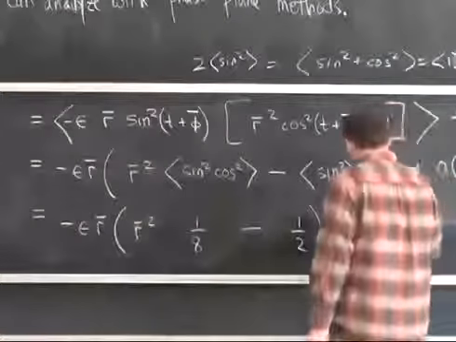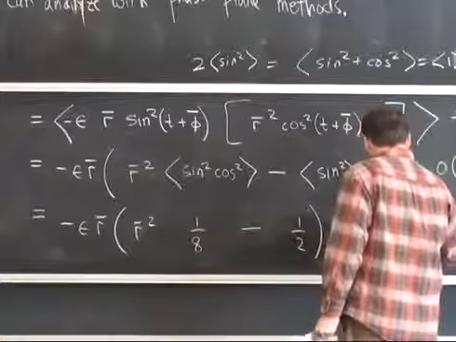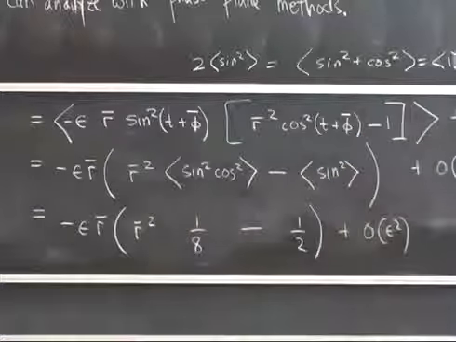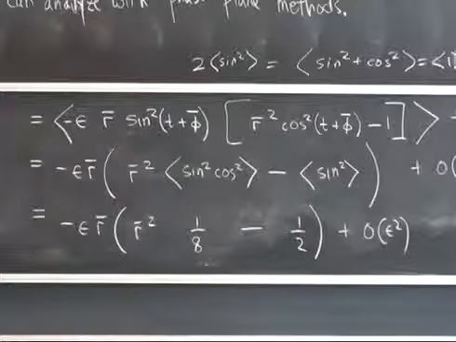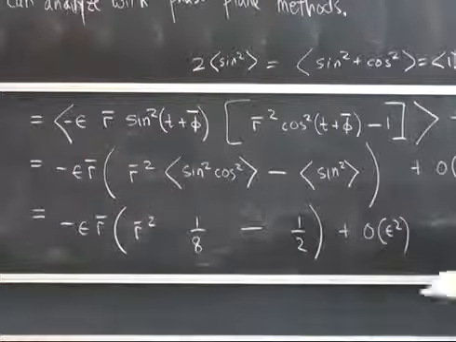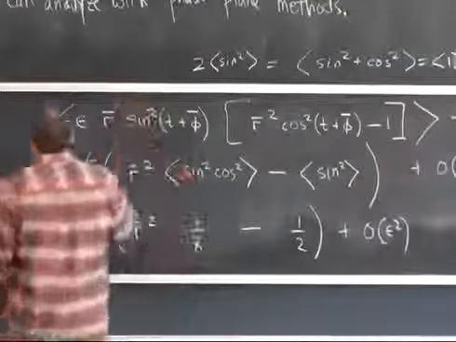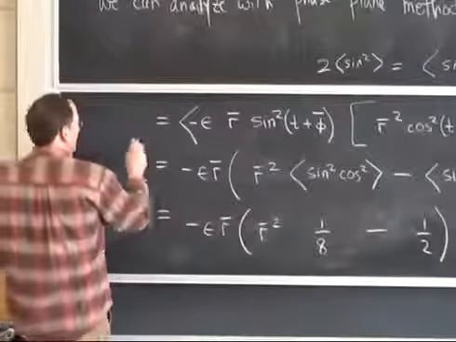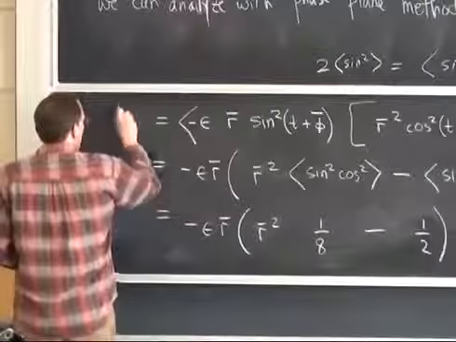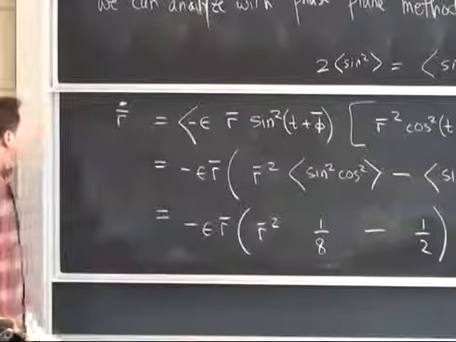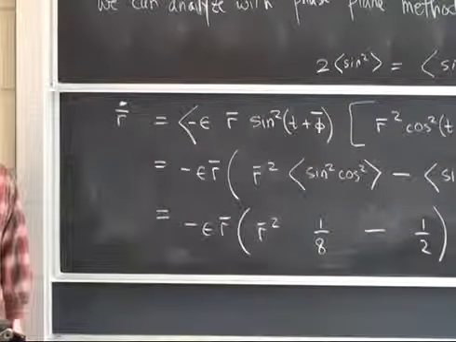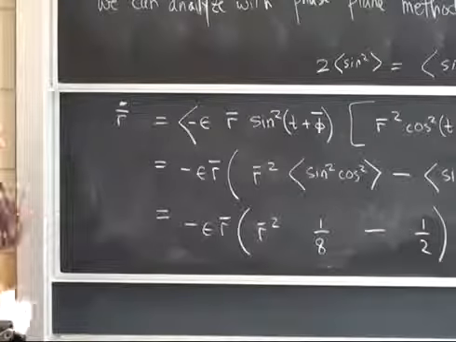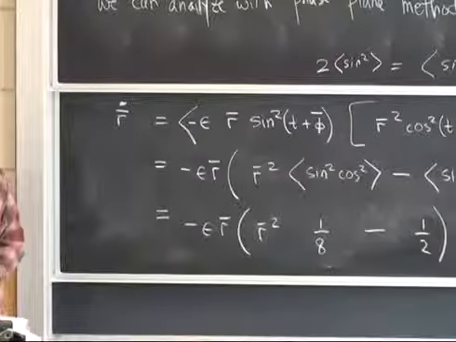Okay, I'm good. And then plus order epsilon squared. What was all this? This is the equation for, I seem to have lost my antecedent, as they would say in English class. This is r bar dot, right? Isn't that right? Yeah.